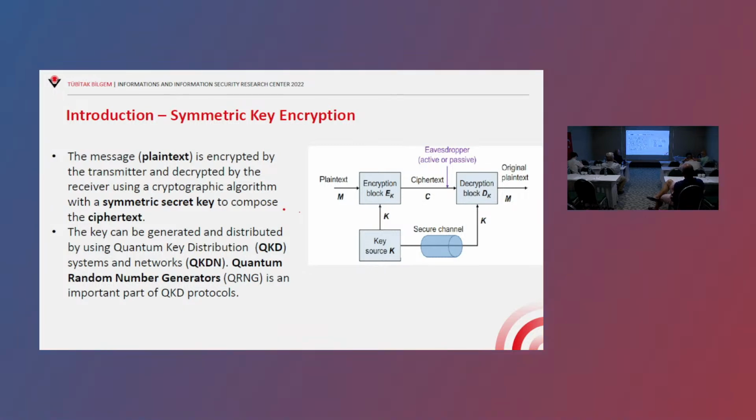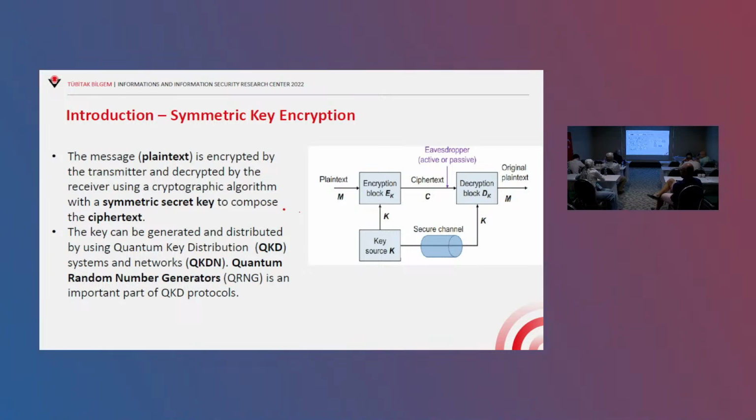But the problem here is the secure distribution of the key. Let's suppose there is another party, Charlie, preparing these keys, that would distribute these keys to Alice and Bob. The problem is how you would distribute these keys to Alice and Bob, making sure that there's no eavesdropper on this particular key.